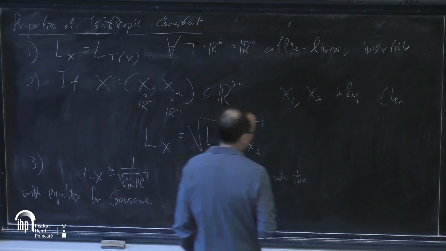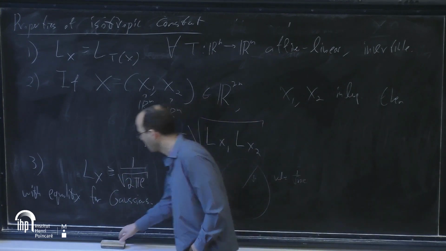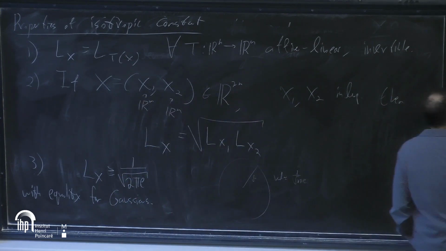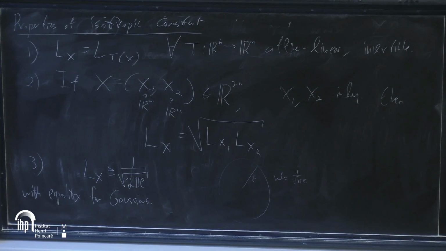So why is it true? This is because it's well known that if you want to maximize the entropy for fixed variance, then you take the Gaussian.